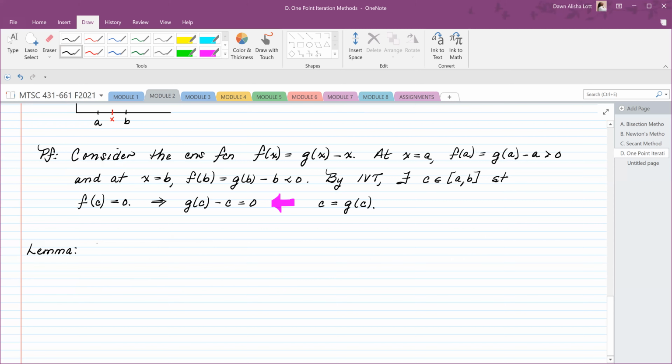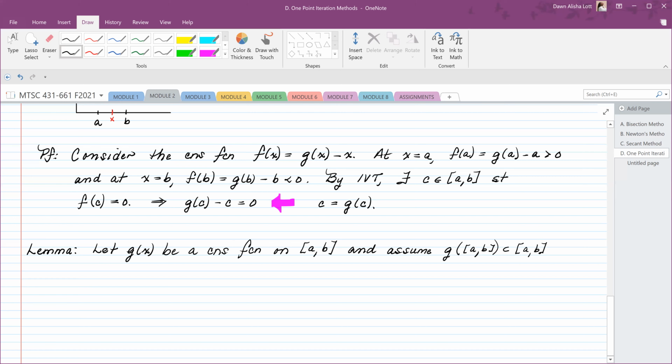The lemma says, let g of x be a continuous function on the closed interval [a, b], and assume that g of [a, b] is contained in [a, b].